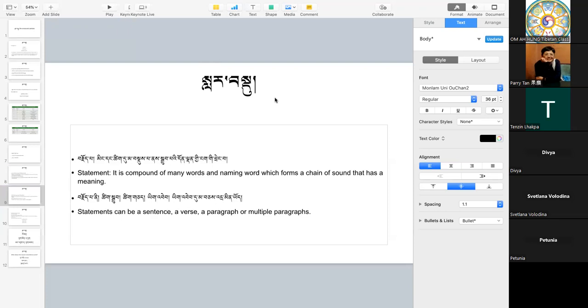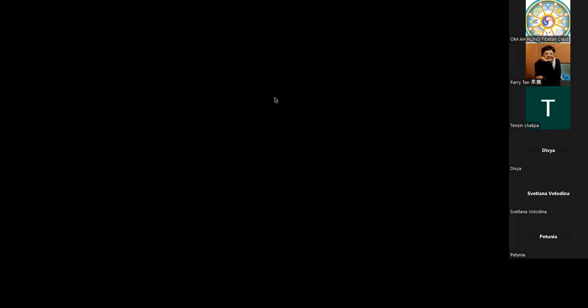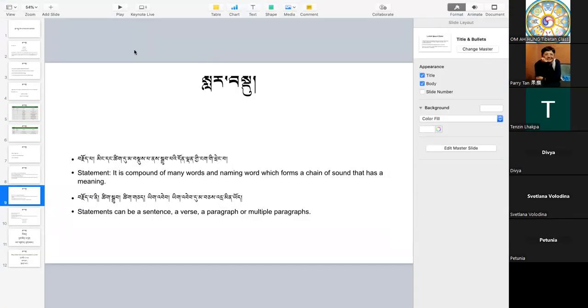Okay, this is the last one. Let me see if I can see what was written. Ornamental word. Okay, I will try my best. The thing is that ornamental words, we use them in poetry most of the time.